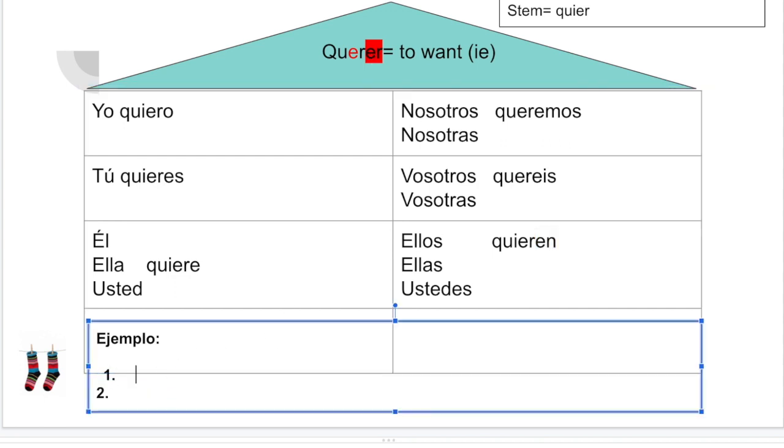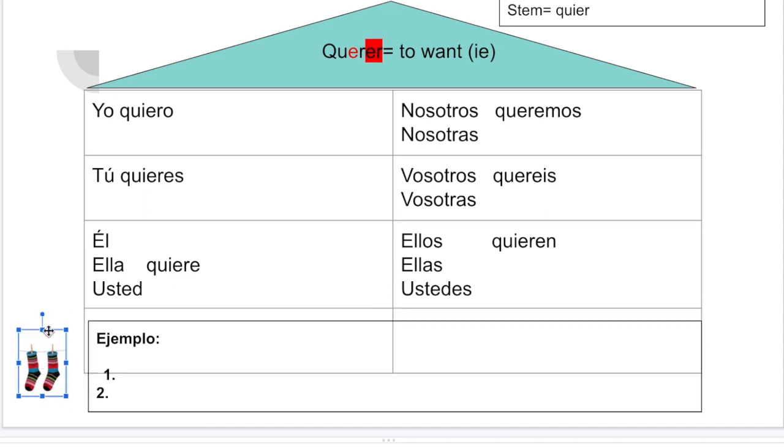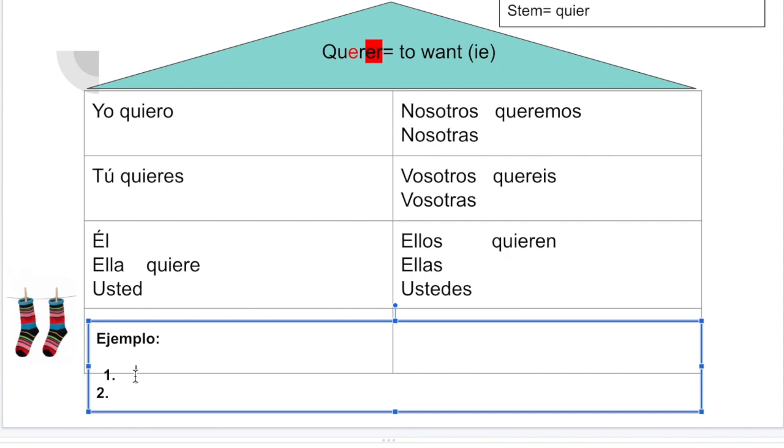Ejemplo 1. And we're going to use this one, and this is a new word. Yo quiero los calcetines de colores.